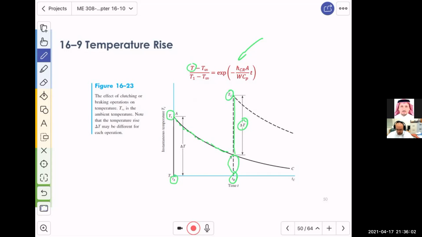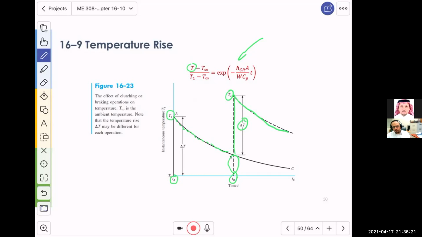Then let's say you drive and you start cooling. So you can imagine what happens if you drive and push the brake and go, push the brake and go, push the brake and go. So you have this staircase thing, right? Before it cools down, you push the brake and elevate it again.